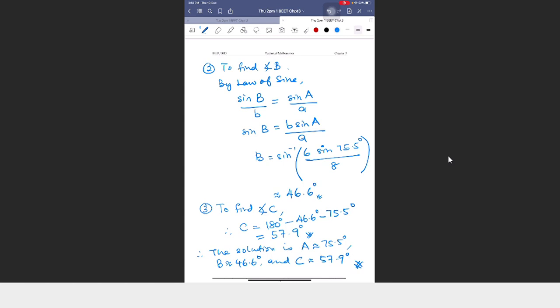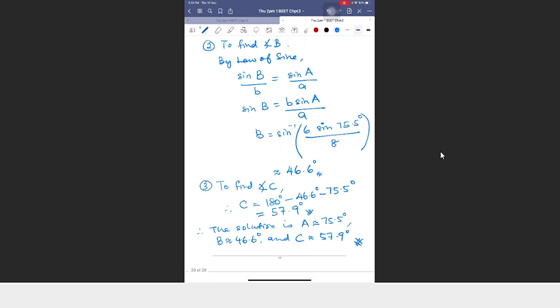So for case 3 and case 4, you have 3 steps. The first step definitely requires law of cosine. The second step, you have options, law of cosine or law of sine, but the much easier one is law of sine. The third step, you just find the last angle by applying 180 degrees minus the two known angles.